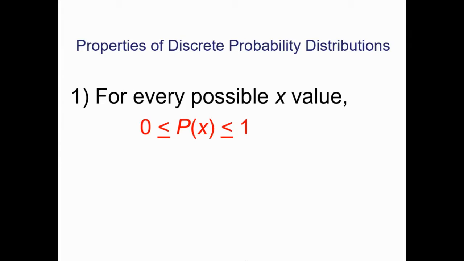We can't have anything smaller than 0. We can't have anything bigger than 1. It can include 0 and 1, but it can't be smaller or bigger.